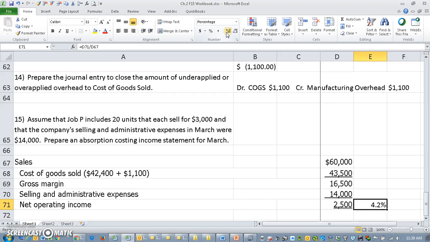You could look at Apple's financial statements and see that their profit margin is quite significant. Their gross margin is 40%, which actually is fairly normal for most manufacturing companies, but I believe their SG&A is about 20 to 25%, leaving their net operating income somewhere between 15 and 20%.